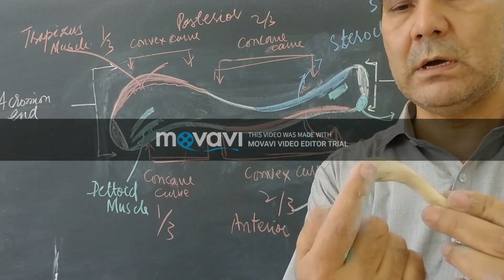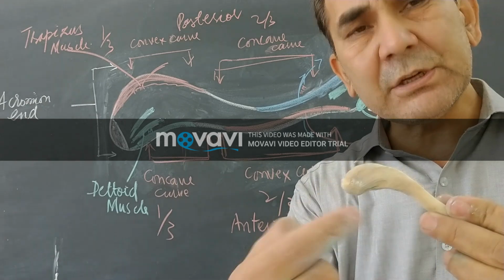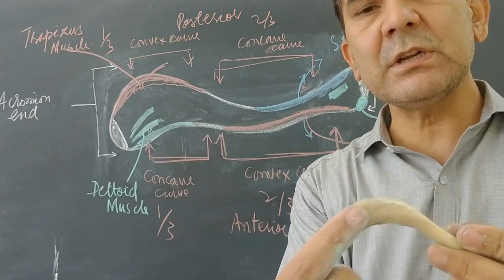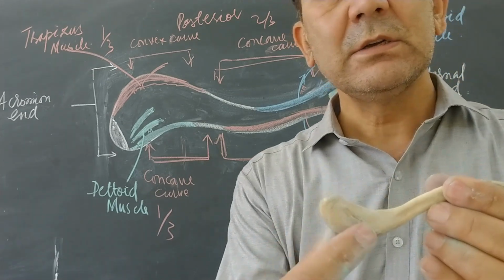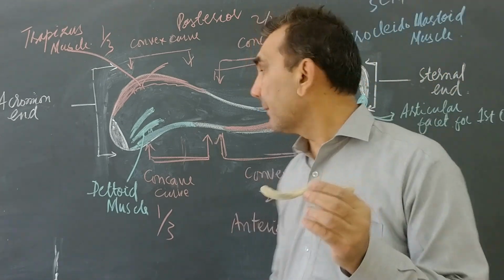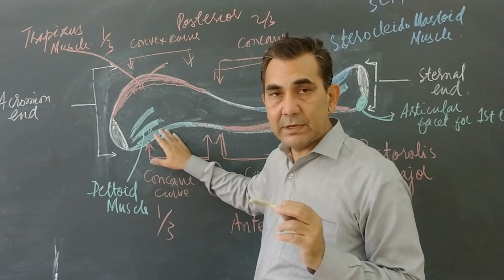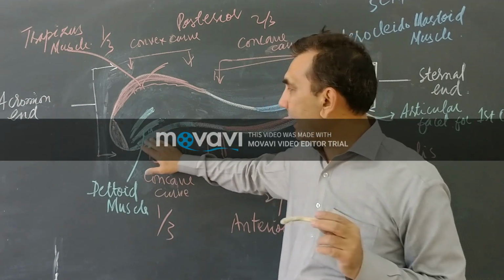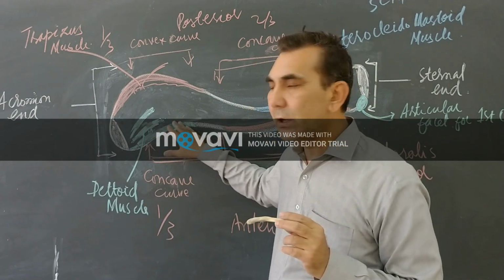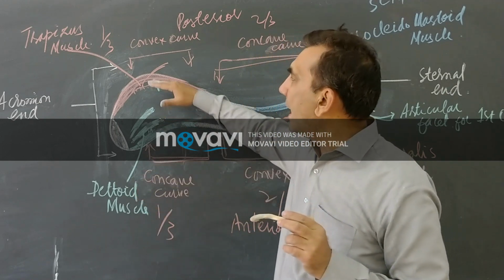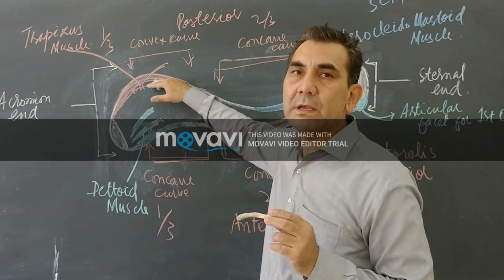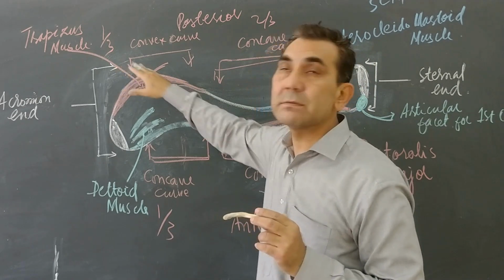The superior surface is a little bit smooth in structure, while the inferior surface has two structures. The anterior border is for the attachment of the deltoid muscle, and the posterior border is for the attachment of the trapezius muscle.